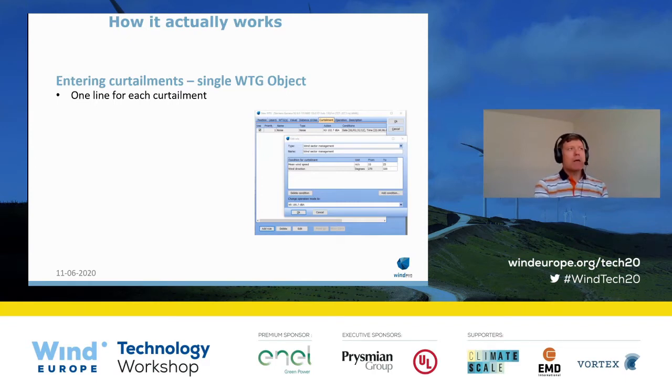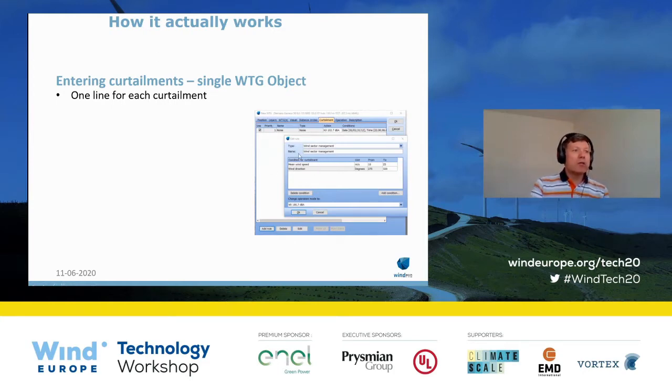Operationally, how can you actually work with curtailments in windPRO? There's a number of places, as is often the case, where you can enter curtailments in windPRO. The most obvious one would be, of course, the single turbine object. You can see an example in that screenshot where the user has already defined in the turbine object, in the new tab called Curtailment, some noise curtailments, and is now in this second window adding a second rule that concerns wind sector management.